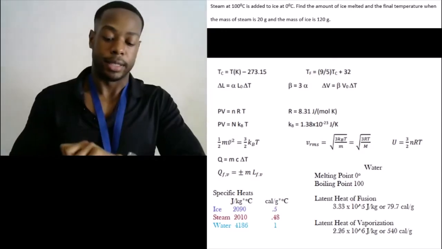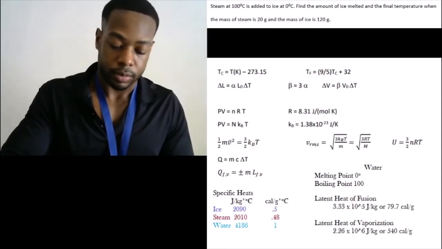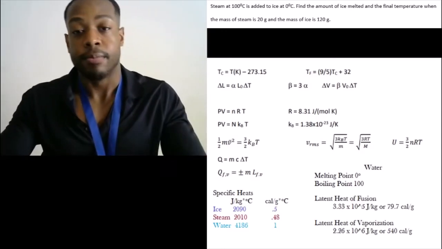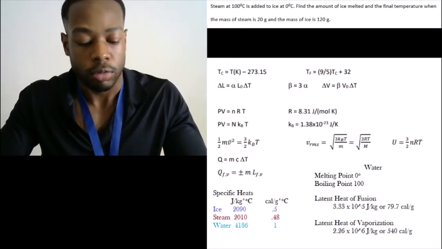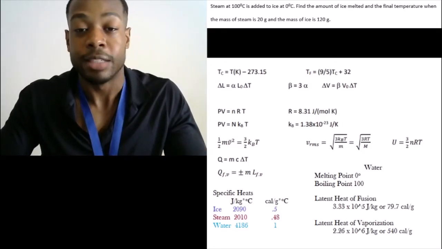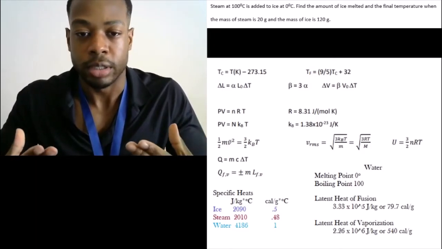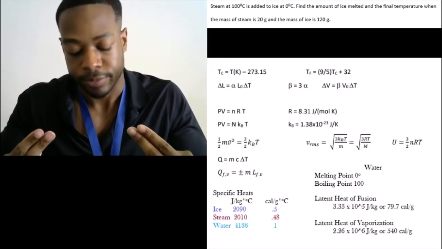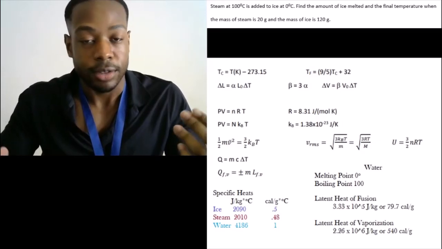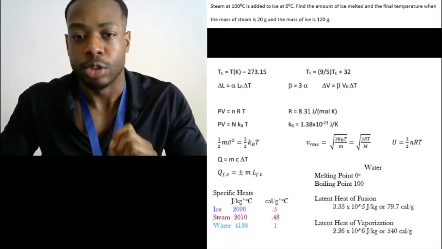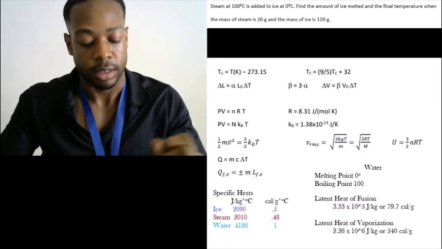You've got the steam condensing in total. You've got the ice melting in total. You're going to make two puddles of water essentially, so you've got two masses of water. So you've got two phase changes and two temperature changes.